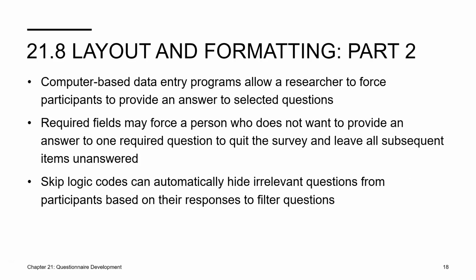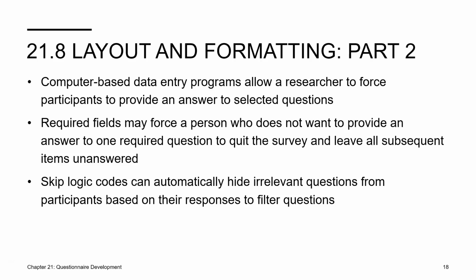Computer-based data entry programs allow the researcher to force participants to provide an answer, so you can set it up to where people can't go on to the next page of the survey unless they answer that question. Required fields may force those who don't want to provide the answer to quit the survey and leave the subsequent items unanswered. So there's good and bad about forcing the response.